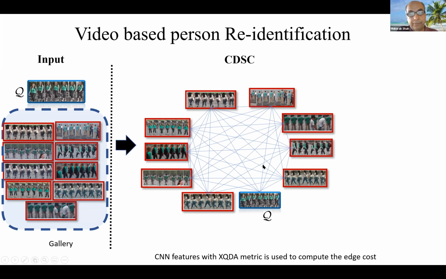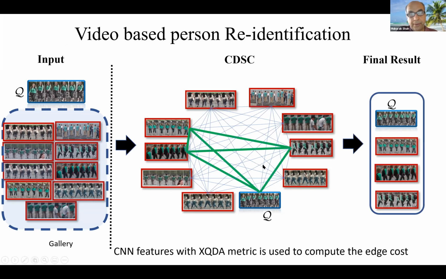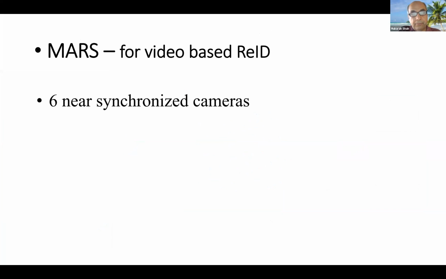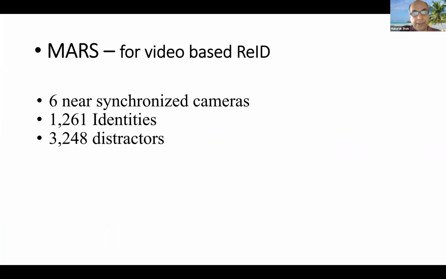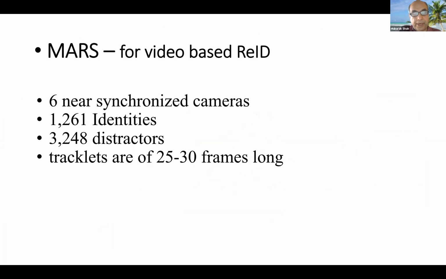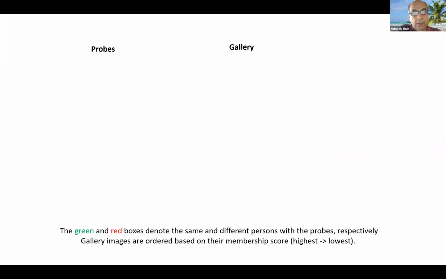Again, we make a graph and we find the dominant set, and then we can evaluate. We applied this on the MARS dataset because that's the video-based re-ID dataset. There are 6 synchronized cameras, about 1261 identities, and some distractors, and these tracklets are 25-30 frames long.